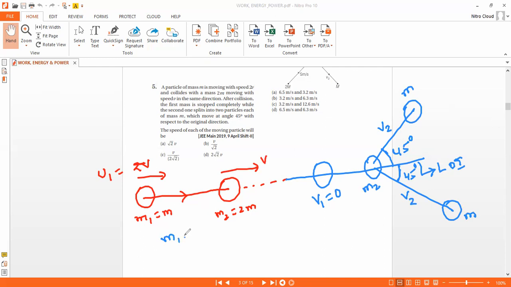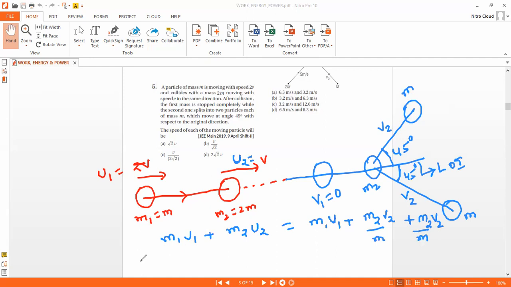So m1 u1 plus m2 u2 is equal to m1 v1 plus m2 v2. This m2 is divided into two parts, so it is m and here is also m.